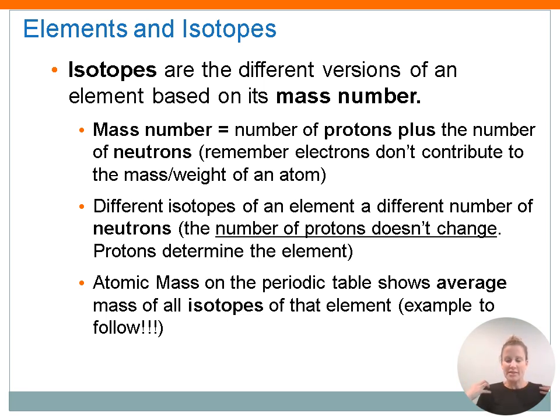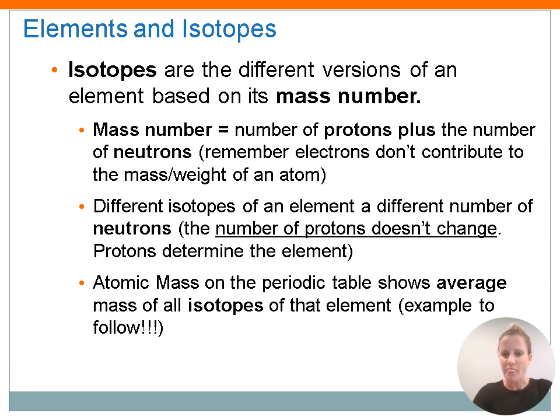Hydrogen. The atomic mass for hydrogen is 1.00794. That means if I took all hydrogen in the world and averaged all of the weight together, this is the average weight. It's pretty close to 1, right? So that means that most hydrogen in the world is going to weigh 1 mass unit. That is very small. Hydrogen's the smallest element. Okay, so most hydrogen weighs 1 mass unit.